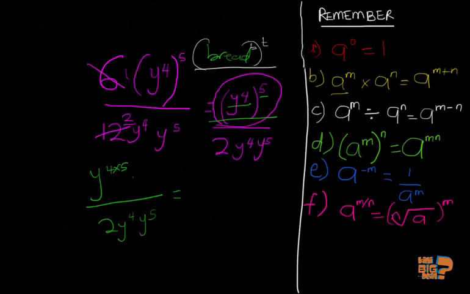You go on rewriting by saying y raised to power 20, divided by 2y raised to power 4, y raised to power 5.